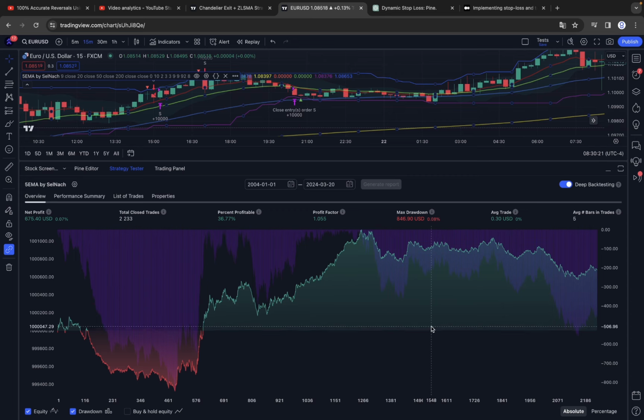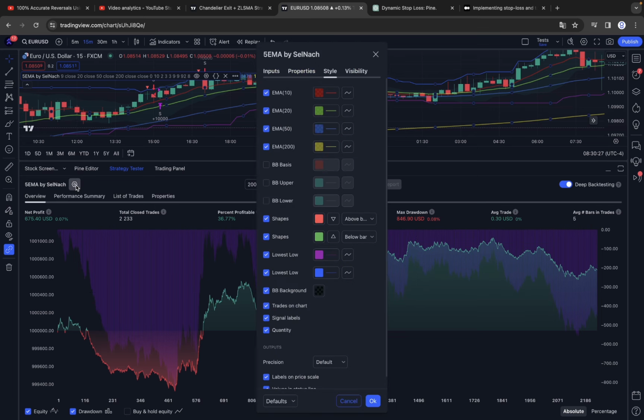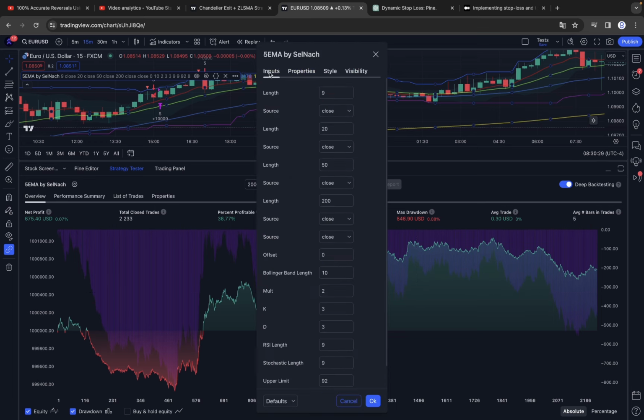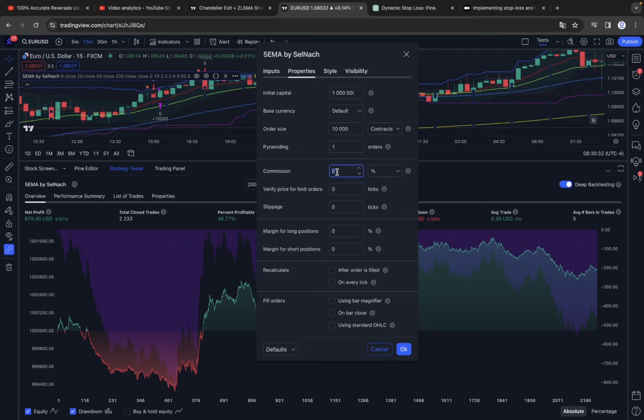And yeah, we can see there's a lot of winning trades, a lot of losing trades. Overall, this is not really good, especially when you think about that you also have to have a commission, a slippage, an overnight, maybe have to hold it overnight, so you have some costs there.